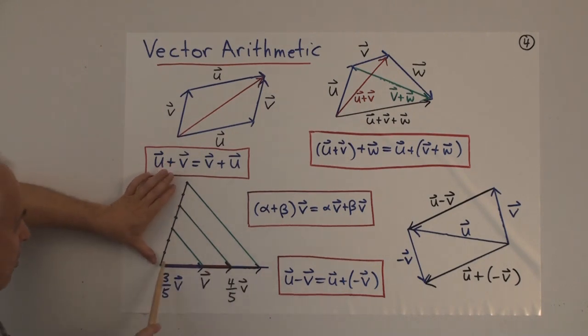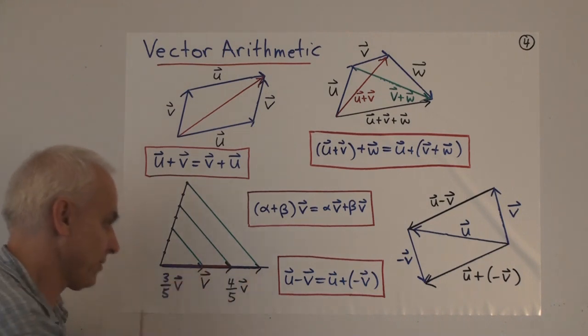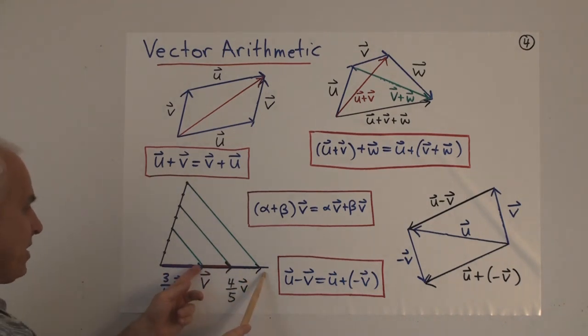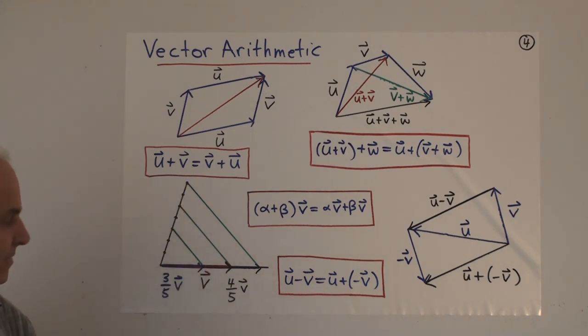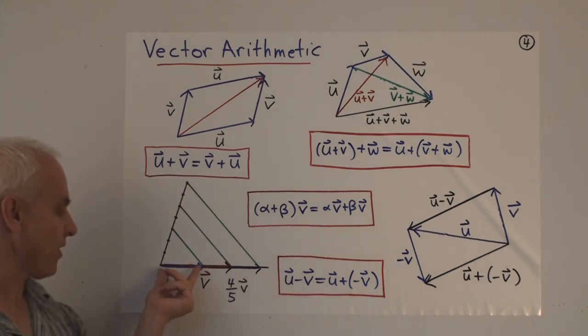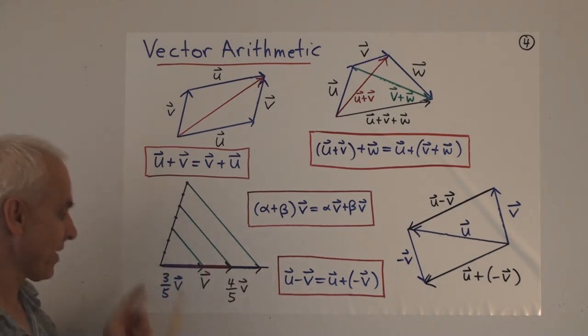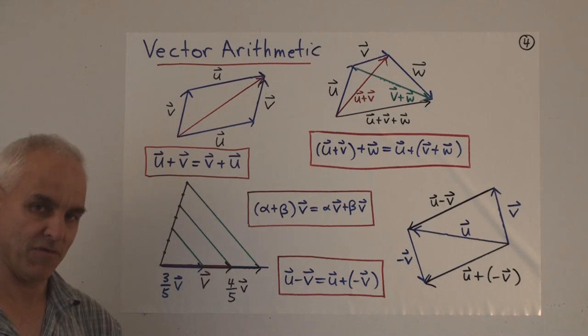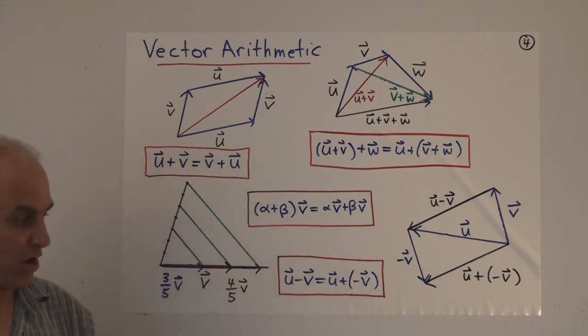Well, that's when we go all the way from here to here. So there's altogether 7 steps. So this big vector is 7/5 of v. And what is this vector from here to here? That corresponds to 4 steps. That's 4/5 of v. So it shows us that 3/5 of v plus 4/5 of v is equal to 7/5 of v. So exactly this kind of distributive law.